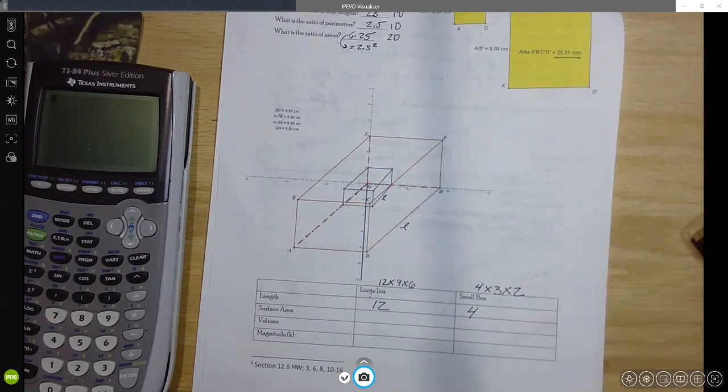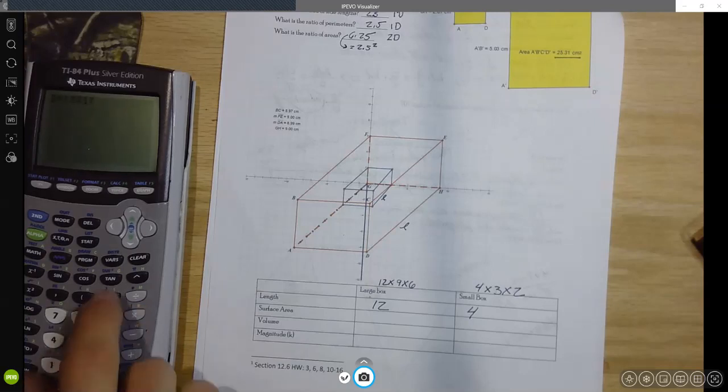Okay, so surface area, you can do perimeter times height plus 2 times the area of the base, or you can do 2LW plus 2LH plus 2WH, whatever you want. Oops.